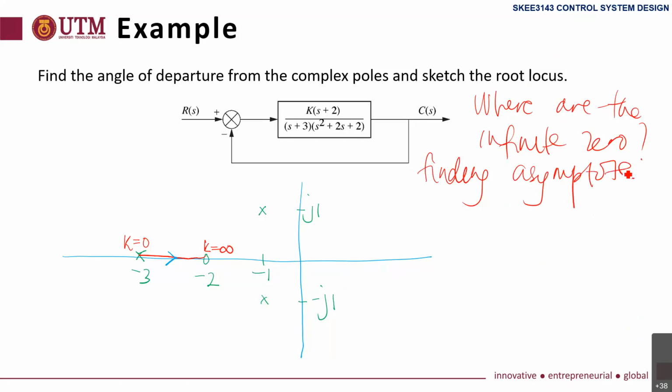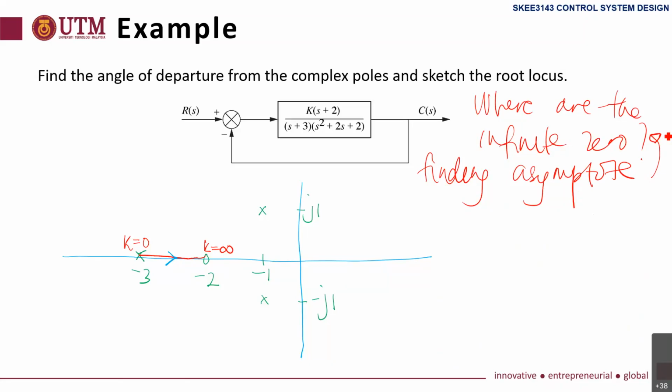What is the significance of an asymptote? An asymptote will help us to locate the infinite zeros. An asymptote is a straight line used to help us to locate the infinite zeros.